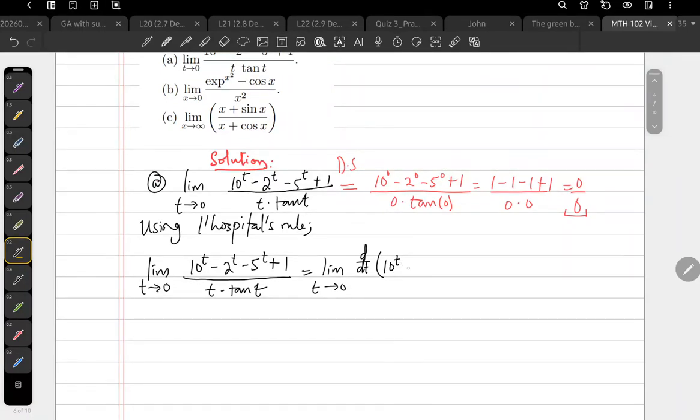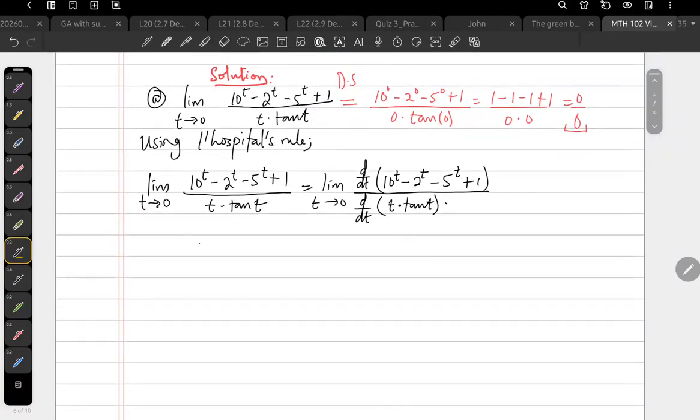That is what L'Hopital's rule says. It says when direct substitution yields 0 over 0 or infinity over infinity, then the limit is equal to the limit of the derivative of the numerator over the derivative of the denominator, which is what we want to see here.